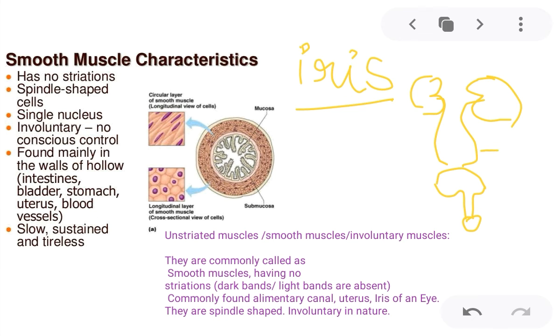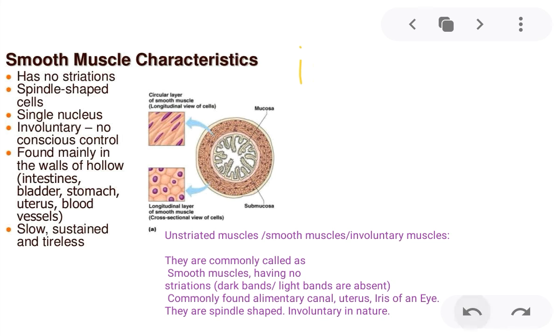So these ureters consist of this type of smooth muscle. Even in the lungs, bronchi are located, right? Those also consist of smooth muscles, because all those functions are completely involuntary. They are not under our control, and with consciousness we can't control the movements.